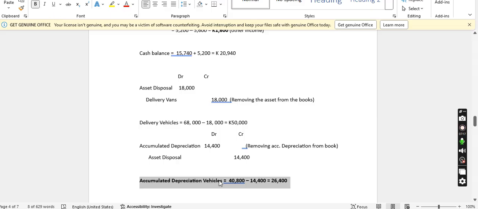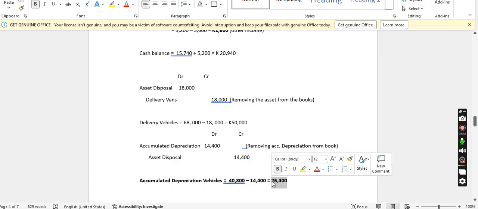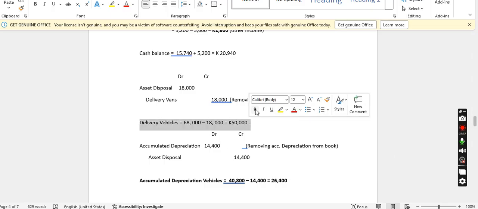We're removing the accumulated depreciation of the vehicle that we sold from our books. So 40,800 minus 14,400, the accumulated depreciation for the vans is 26,400. So it's very important whenever in a question you see there's a disposal of an asset, make sure you adjust the asset account and the accumulated depreciation account.